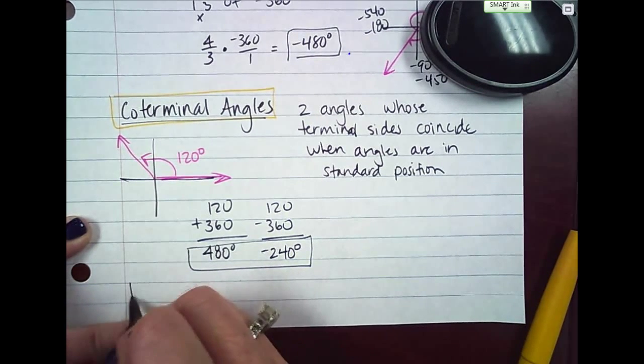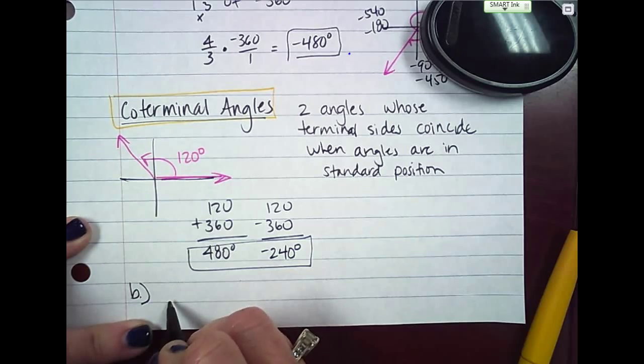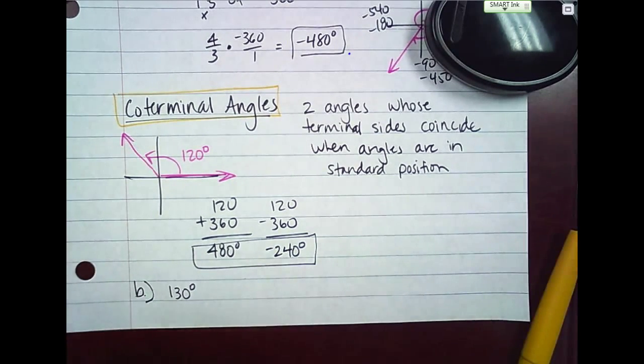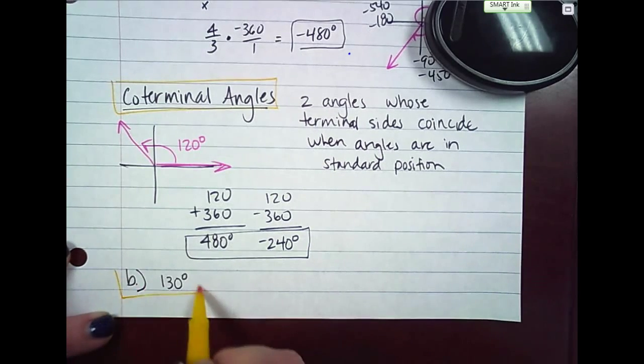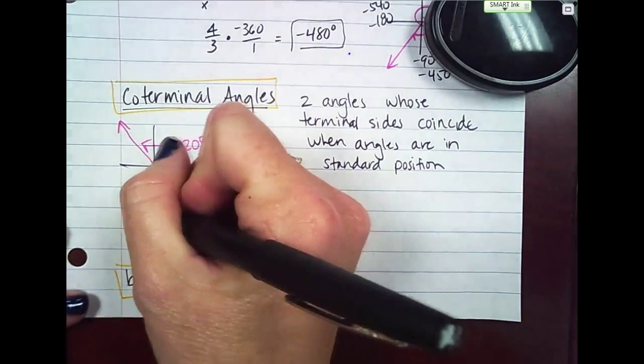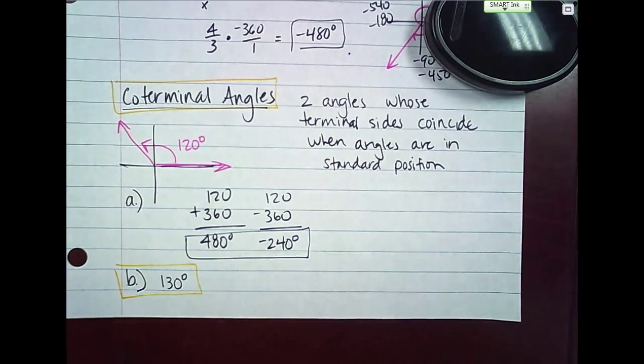You try one for me. What if I told you 130 degrees? Find me the coterminal angles with 130 degrees, one positive and one negative. I would do 130 plus 360.